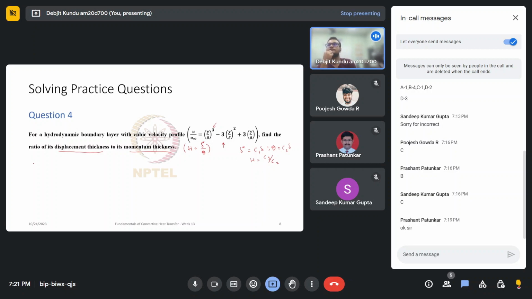So I'll give you a hint of the process as well. It's very simple though. The displacement thickness formula is the integral from 0 to delta of 1 minus u by u infinity dy, and theta is the integral from 0 to delta of u by u infinity multiplied by 1 minus u by u infinity dy.